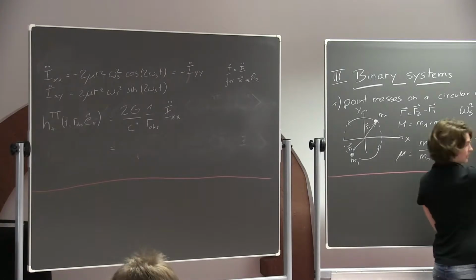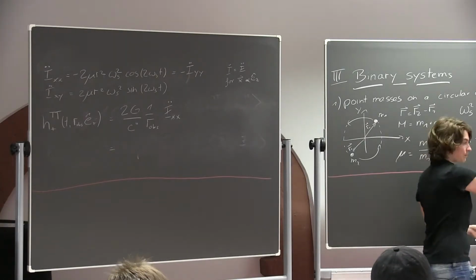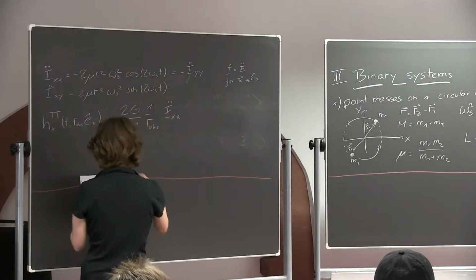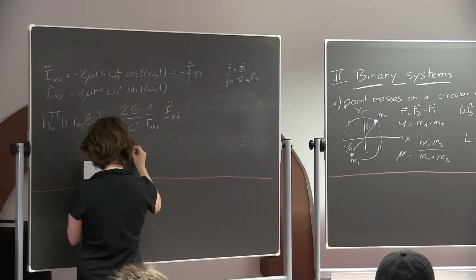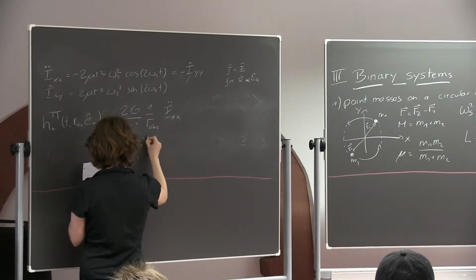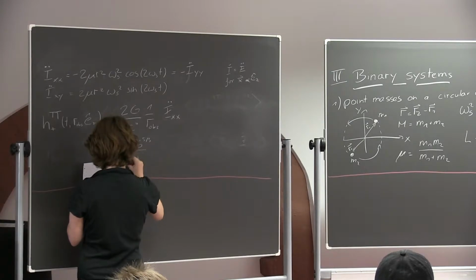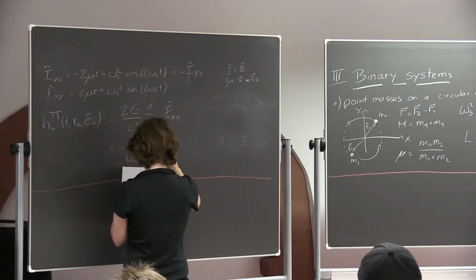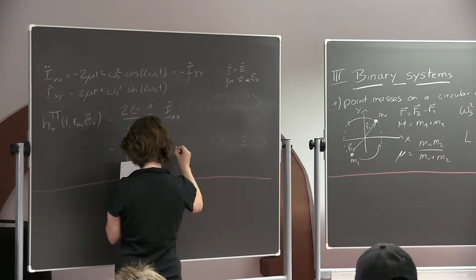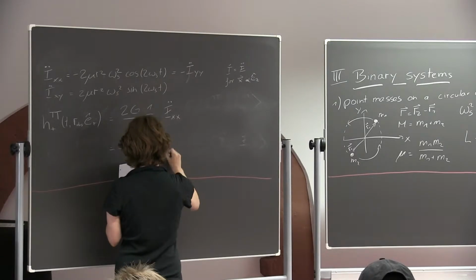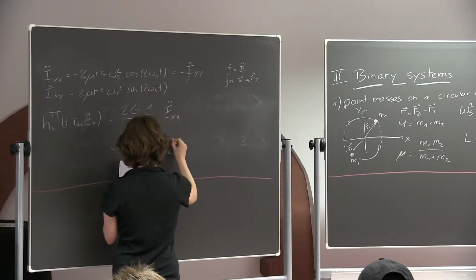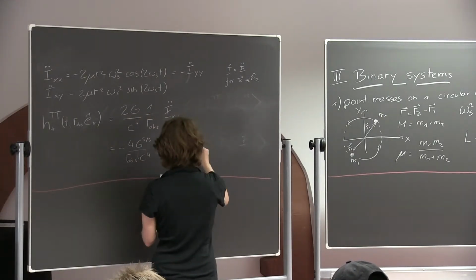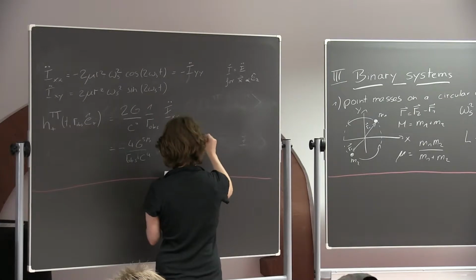I want to eliminate this r using this relation. So then we get minus 4 G to the 5/3 over the distance to the observer, the chirp mass to the power of 5/3, and the frequency to the power of 2/3.